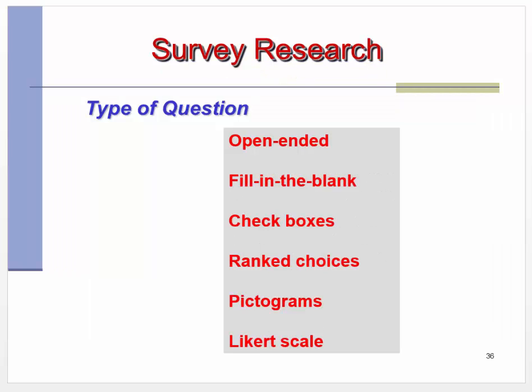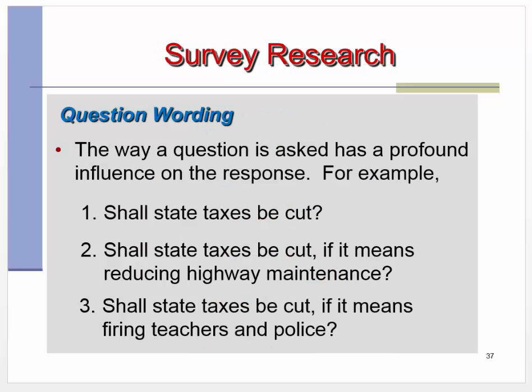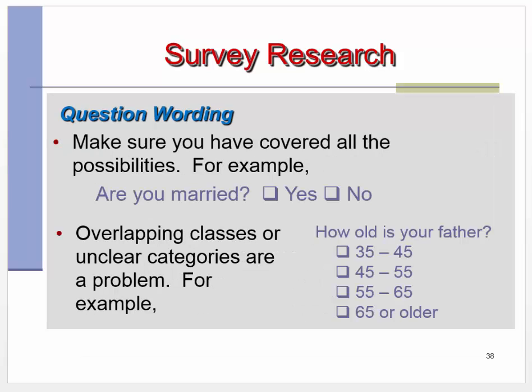As to the types of questions in a survey, you can use open-ended questions, ask them to fill in the blanks, use checkboxes, provide ranked choices, use pictograms, or use Likert-type scales. With regard to question wording, the way a question is asked has a profound influence on the responses.